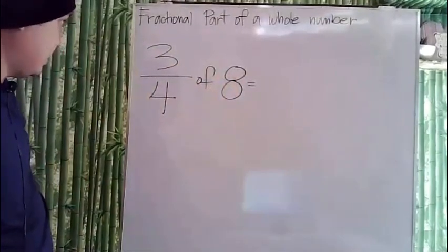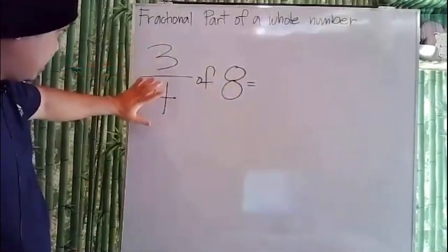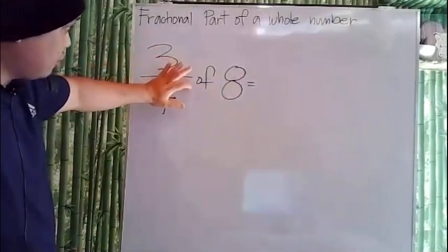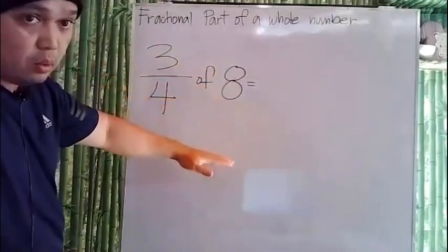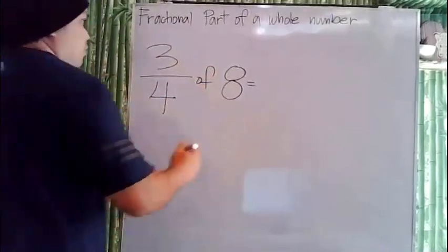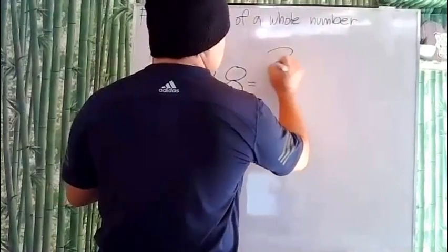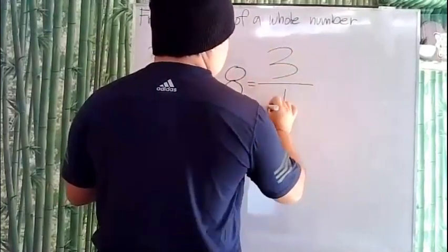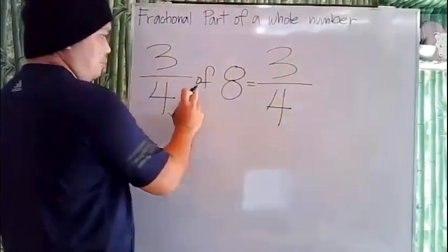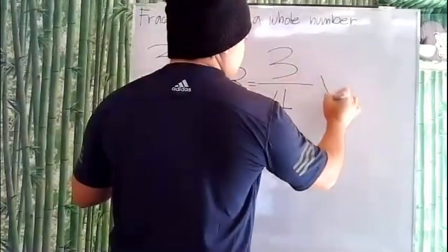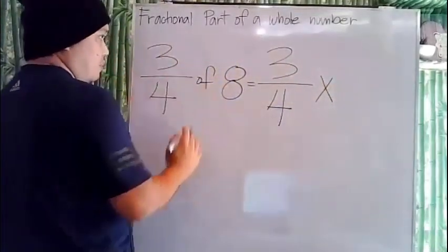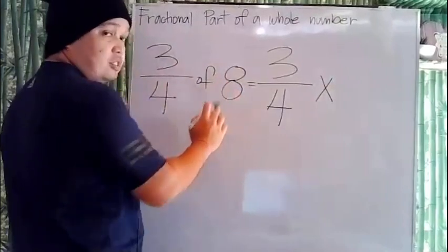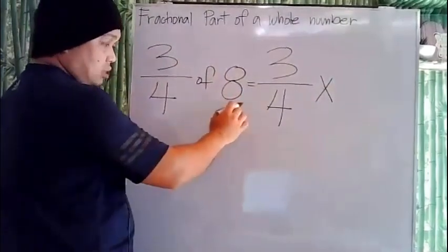By multiplying this fraction with the fraction form of 8, which is 8 over 1. So we're going to do 3/4 for the fraction, and we multiply because we just simply multiply the fraction to the whole number. And 8 in its fraction form is 8 over 1.